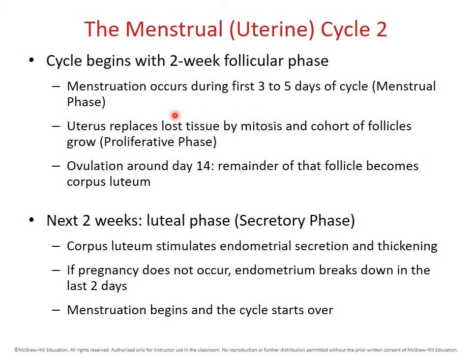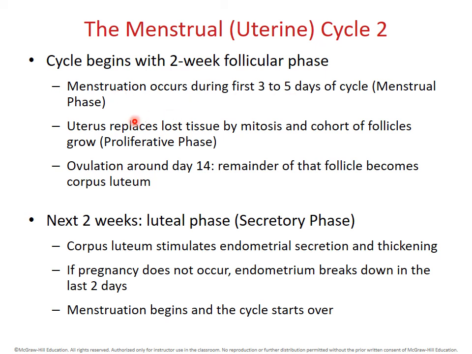And so the cycle begins, the 28-day cycle begins with the first day of menstruation. So day 1 would be the first day of your period, of the menstrual period. This is what we call the menstrual phase, and it lasts generally from 3 to 5 days. All right, so important to understand that the 28-day cycle begins with the beginning of menstruation, not the end of menstruation.